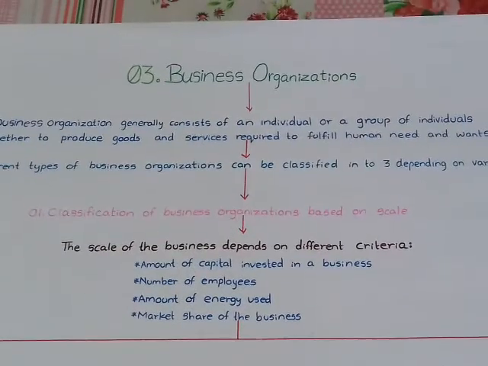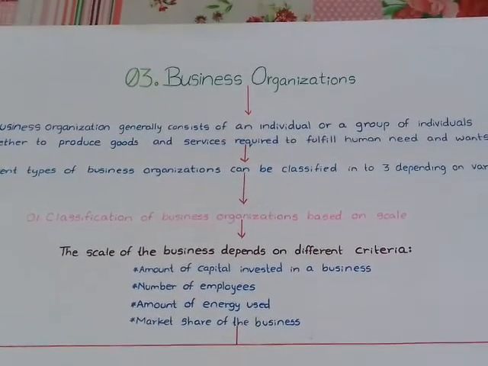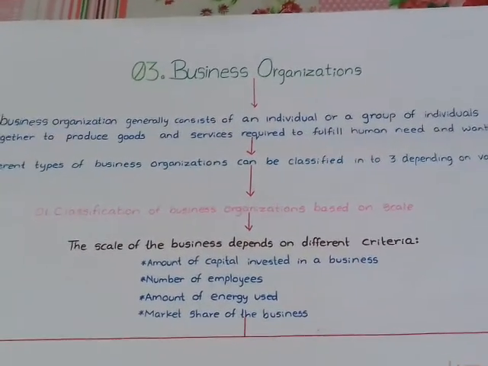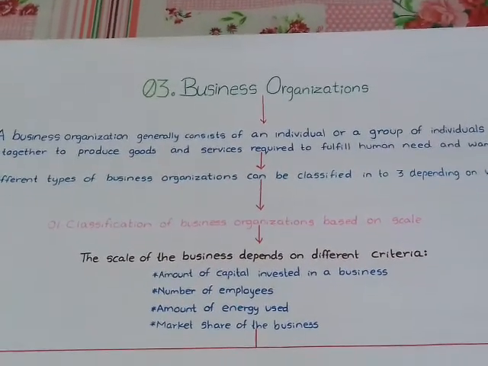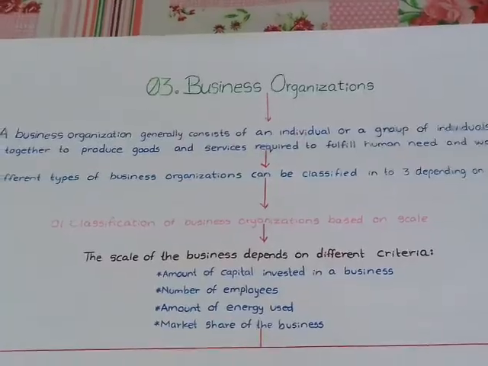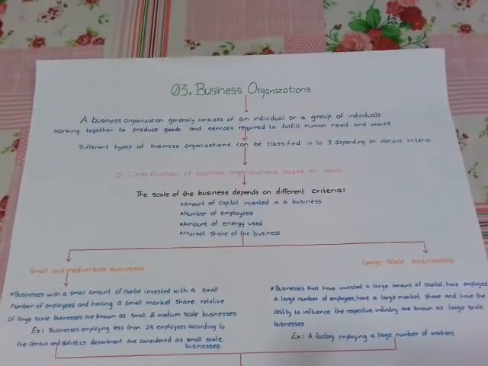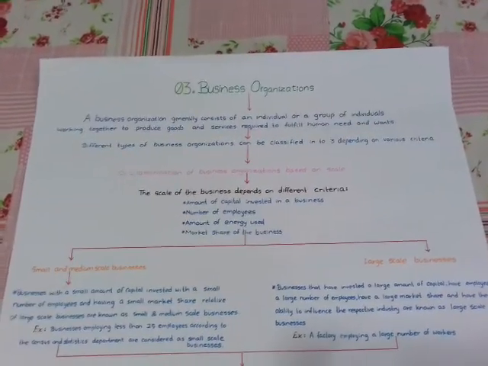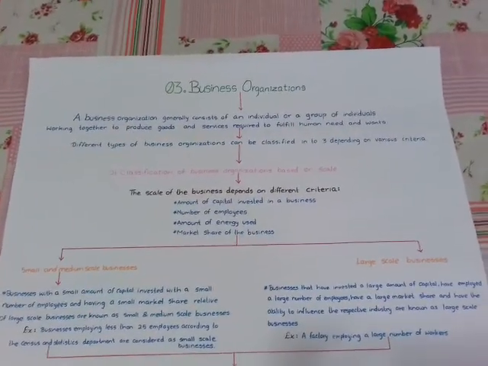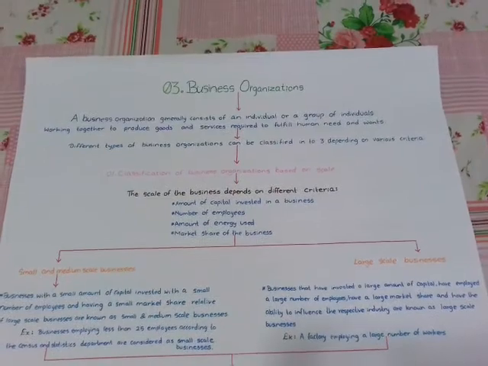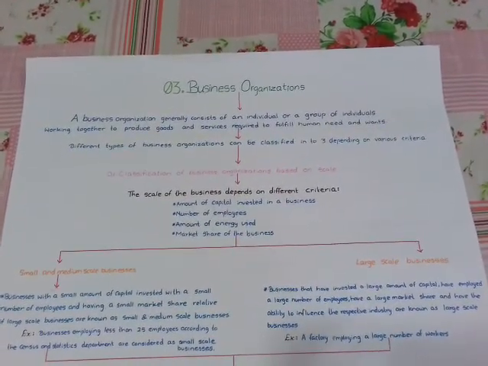These are the criteria we pay attention to when we determine the scale of a business. Depending on the scale, businesses can be classified into two parts: small and medium scale businesses and large scale businesses.